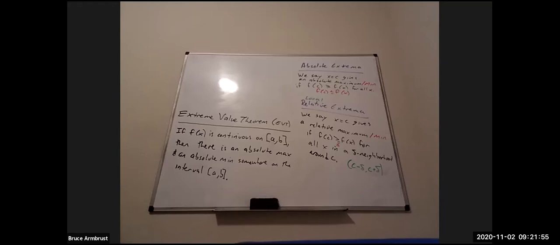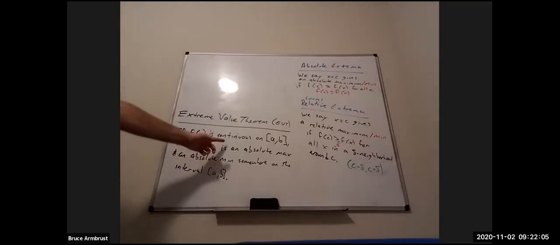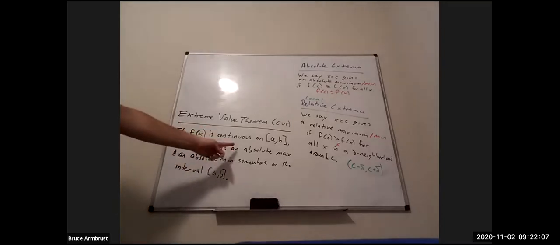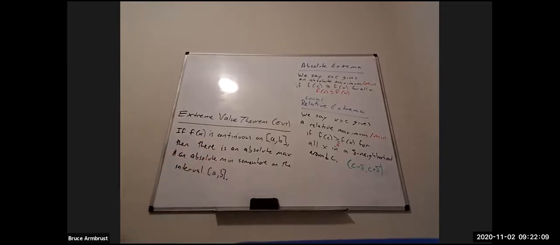All right, well, we all know what that means, right? You can draw it without lifting up your pencil. Well, if that's all it is, if it's just continuous, then there's going to be an absolute max and an absolute min somewhere on that interval.